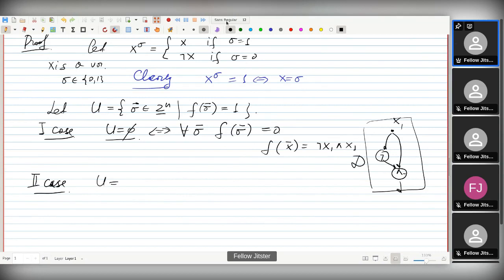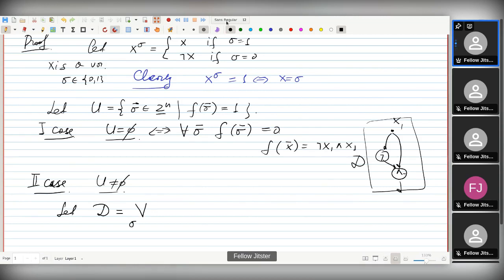And the second case is when it is not empty. What should we do? It is quite easy. Let us consider D. You may treat it as a formula or as a DNF. It is quite easy to see what it means.